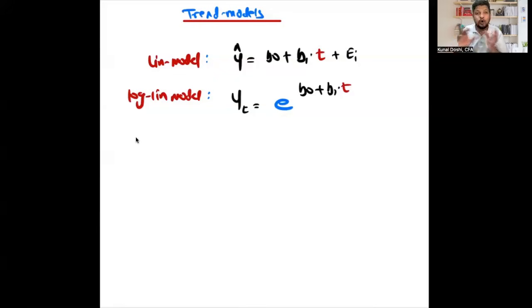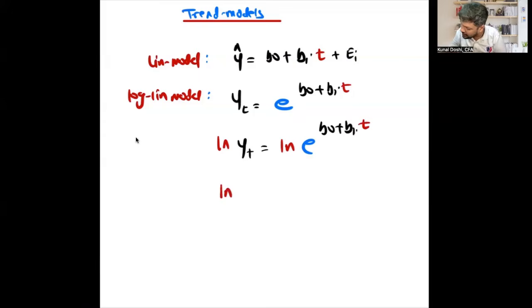So what will get translated? Suppose now I do log on both sides: log natural of yt equals log natural of e to the power x. Here I say x is b0 plus b1 times t. It's a time series model. So when I do log on both sides, the model translates as log natural y of t, and log of exponential of x will result in x.